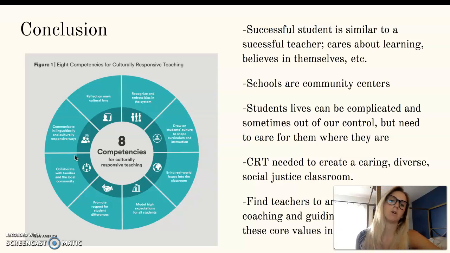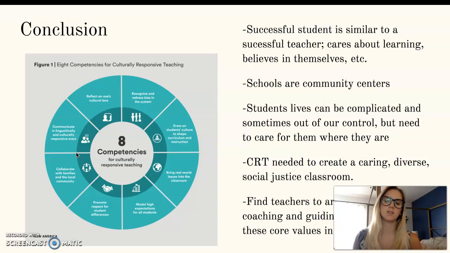So again, culturally relative teaching, caring, needs to focus on the relationship between the student and the teacher, belief in diversity being a strong asset to your classroom, and social justice. So making sure that we all are caring about how our students are being treated inside and outside the classroom.